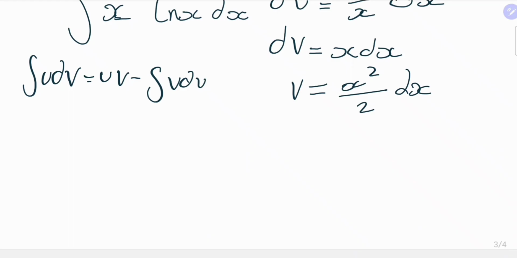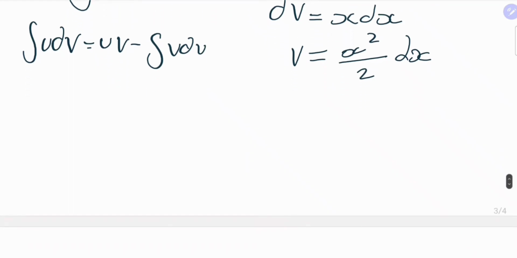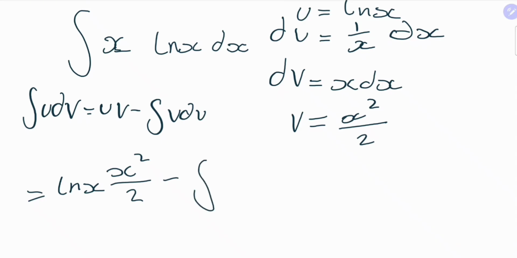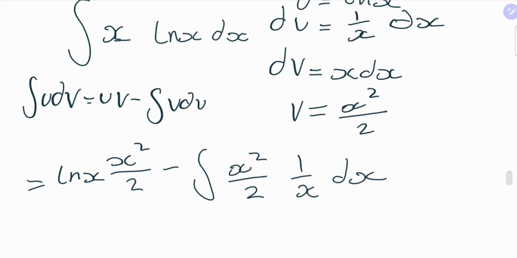There we go. So, let's do it. u times v is the natural log of x times x squared over 2, right? And then minus the integral of v, x squared over 2, du, 1 over x dx.